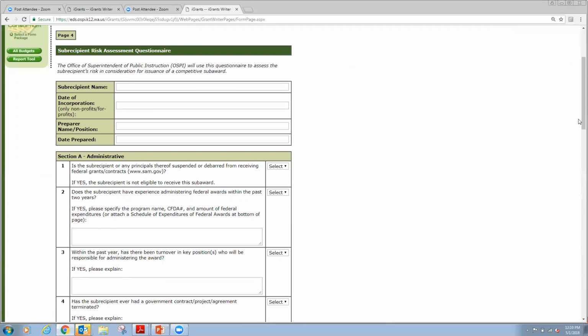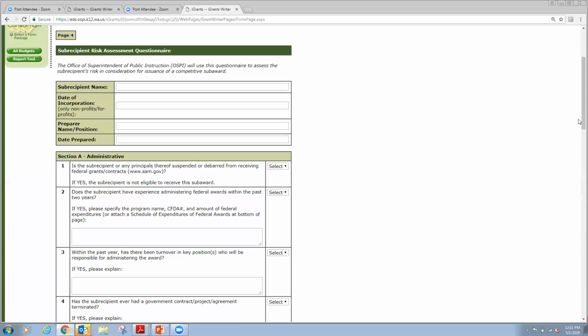And try not to mingle indirects in your direct asks in your budget, because that's kind of double dipping. So really try and think through with your partners what's normally an indirect cost calculation for any one of your partners, and you don't want to put that in a direct charge against the grant.